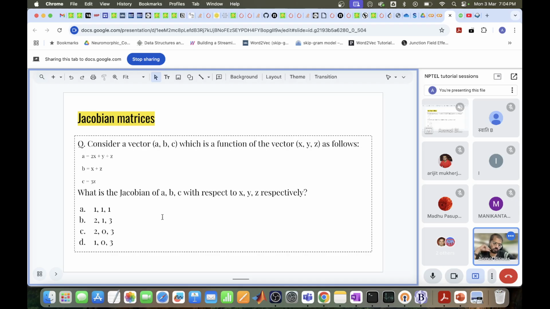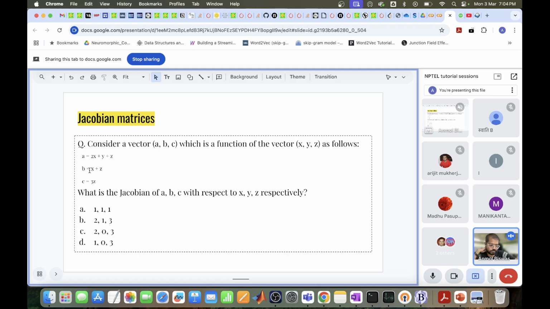The other way to look at it, of course, is the idea of a Jacobian, right? In this case, you have a three-dimensional vector that maps onto another three-dimensional vector. And in fact, this mapping is a linear mapping, because each of these equations is a linear equation.